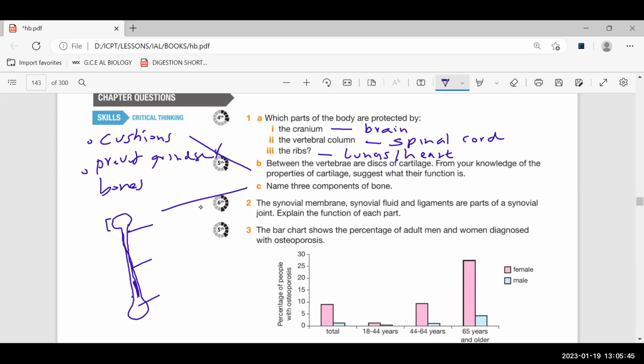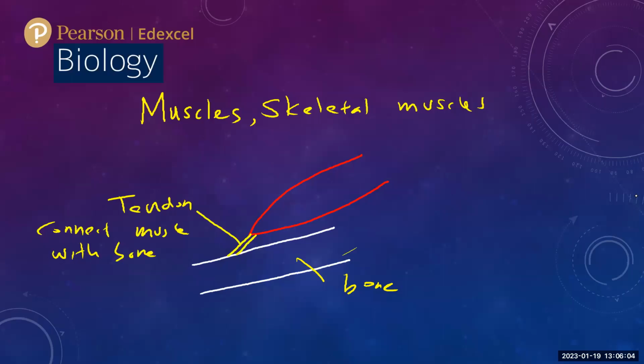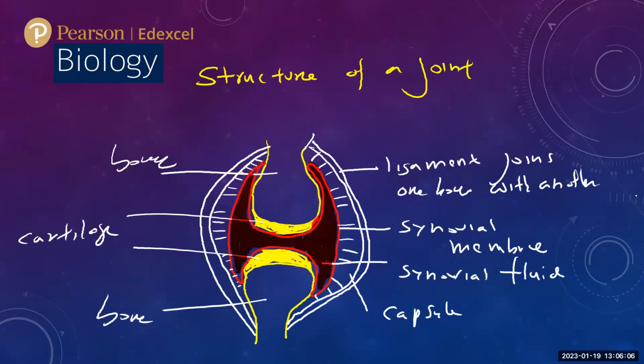The synovial membrane, synovial fluid, and ligaments are parts of a synovial joint. Explain the function of each part. So we also learned the synovial joint. Ligaments join one bone with another bone, and it is a very strong structure.